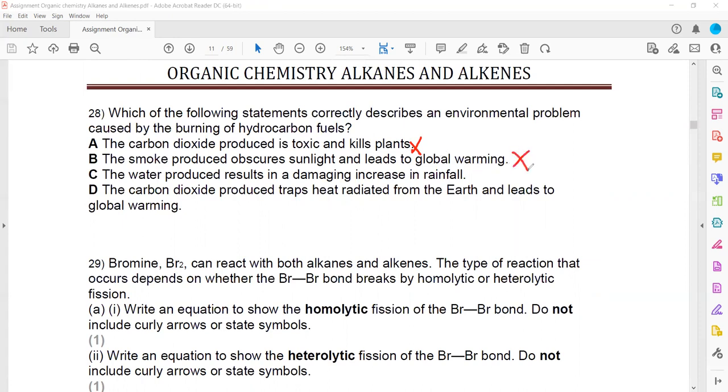No, that's called global dimming, because it does not allow the amount of sunlight to enter. The smoke is not responsible for carbon dioxide. Water produced results in damaging increase in rainfall. That's not 100% correct. Carbon dioxide produced traps the heat, so that is responsible for global warming.